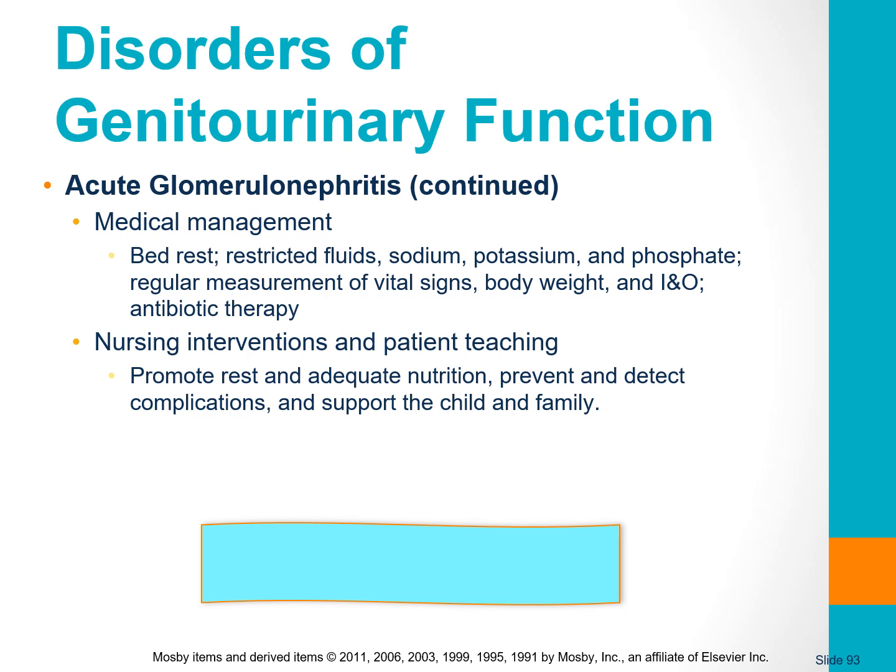How do we manage acute kidney inflammation? Bed rest, restricted fluids, sodium, potassium, and phosphate, regular measurement of vital signs, strict I&O, antibiotic therapy if it's related to strep. And then we're going to promote rest and adequate nutrition.